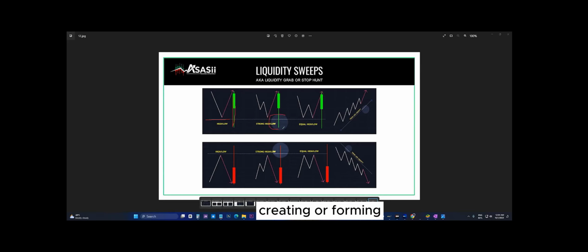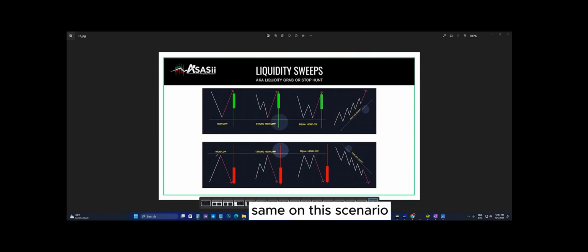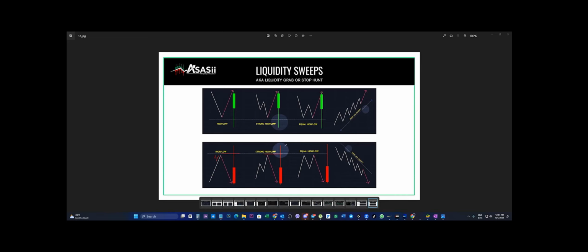That is why a strong high or low is formed, and then our liquidity sweep is formed, also known as liquidity grab or stop hunt. Same in this scenario. We have a high and low that is liquidity, and then the price goes to that area.